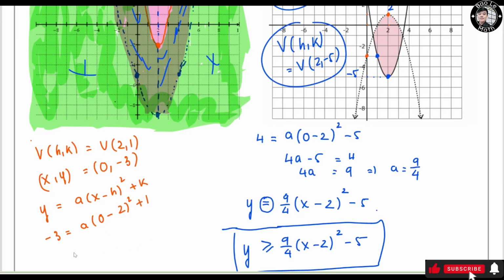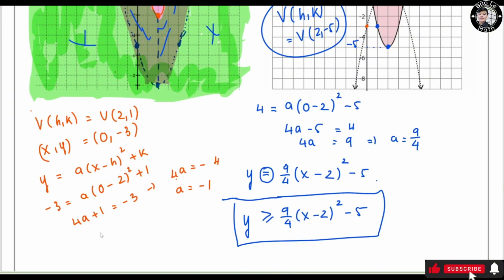So I have 4a plus 1 equals negative 3. Subtract 1 from both sides, I have 4a equals negative 4. Divide both sides by 4, so a equals negative 1. So my quadratic equation in vertex form should be y equals negative (x minus 2) squared plus 1.